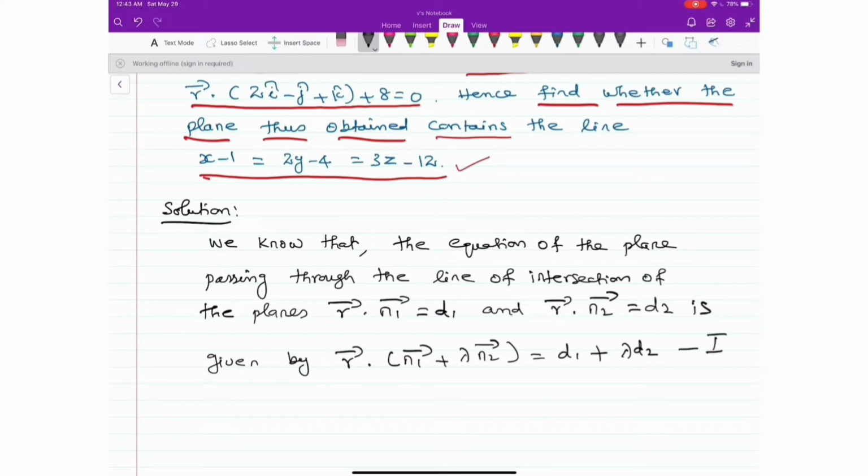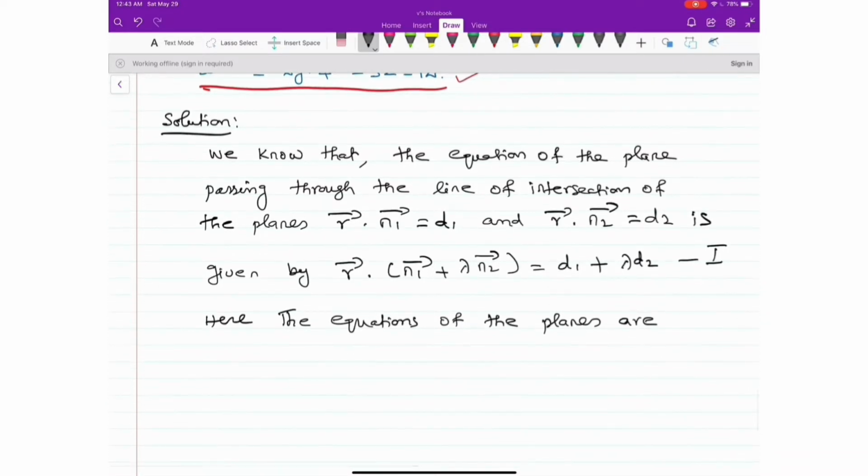Let us jot down what are the things given to us. Here, the equations of the planes are vector r dot (2i cap minus 3j cap plus 4k cap) is equal to 1.